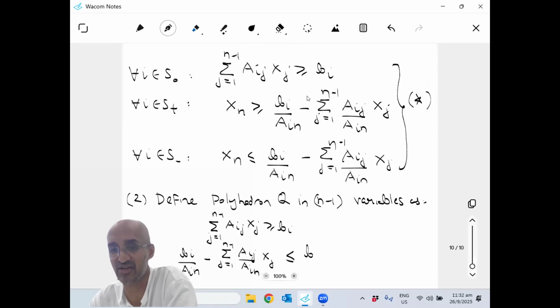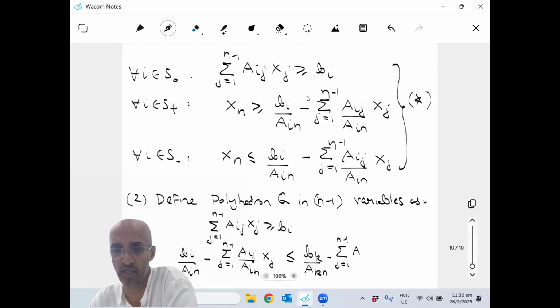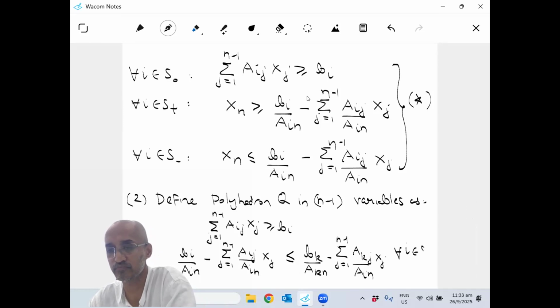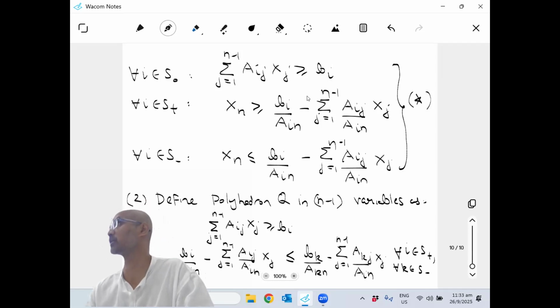I'm going to write this now as b_k, just to be clear that there's a different index: b_k by a_kn minus summation j from 1 to n minus 1 a_kj by a_kn x_j, for every i in S plus and for every k in S minus. So if I give you 5 constraints here and 3 constraints here, I will write 5 times 3, 15 constraints. I take every lower bound, and every upper bound has to exceed the lower bound.